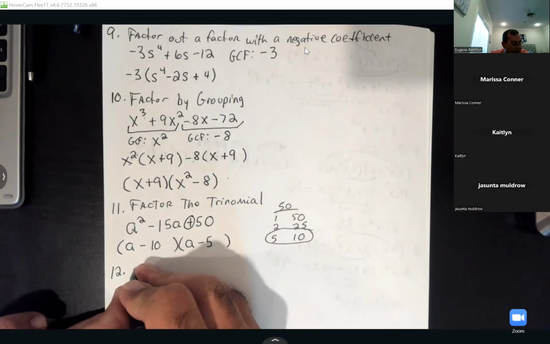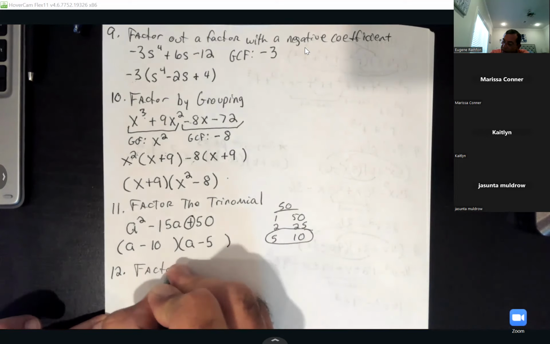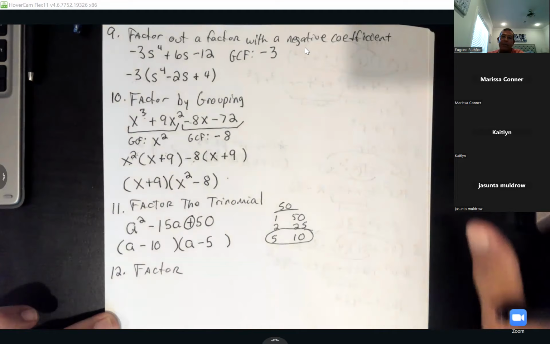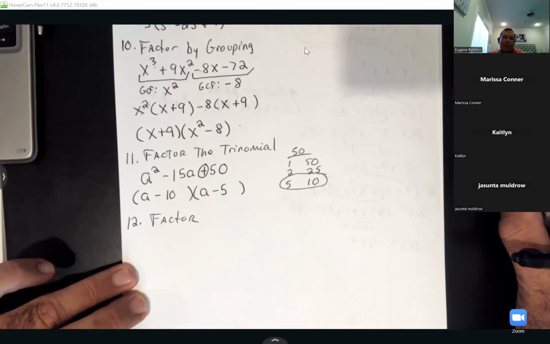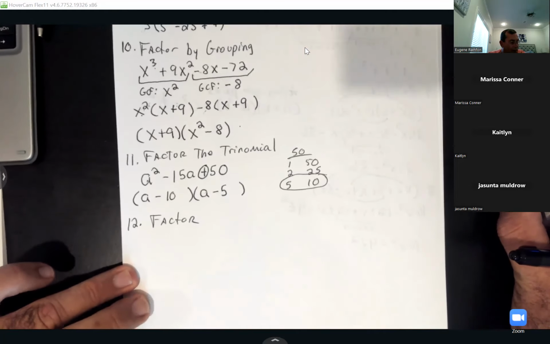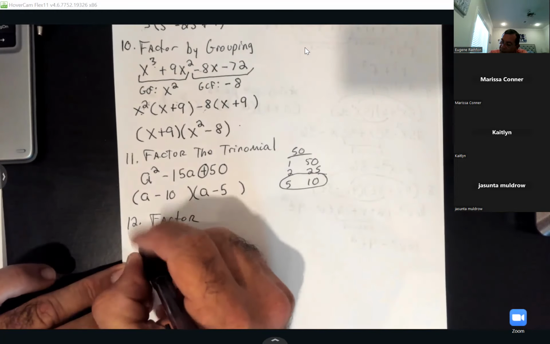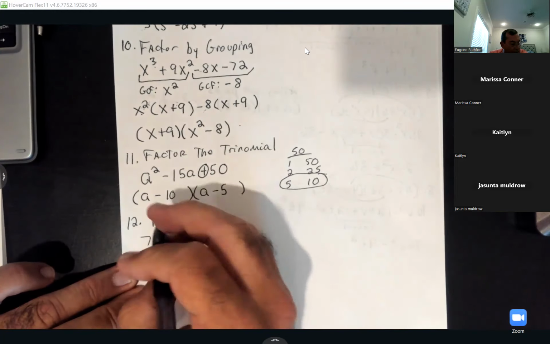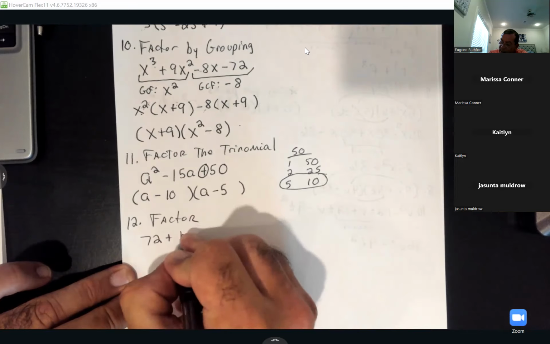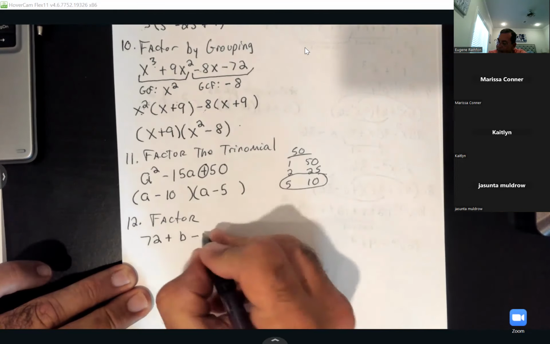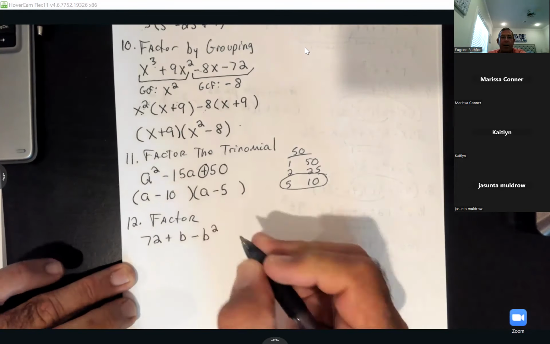Alrighty, y'all, check this one out. Factor again. So pretty much the whole last part of this test is going to be nothing but your factoring. But y'all watch this one. It's 72 plus ab minus ab squared.